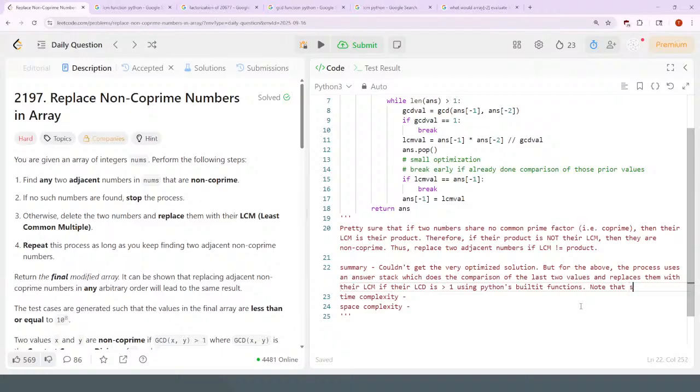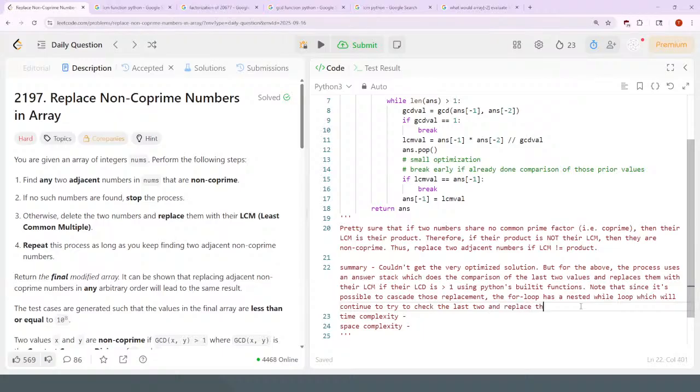Note that since it's possible to cascade those replacements, the for loop has a nested while loop, which will continue to check the last two and replace them, stopping or breaking when that's not possible.